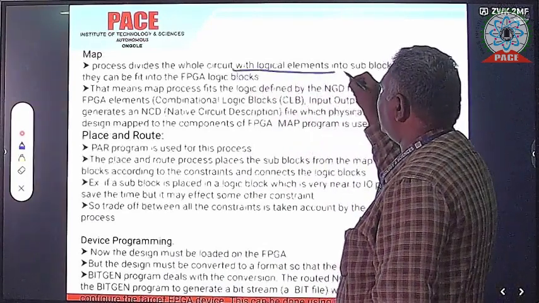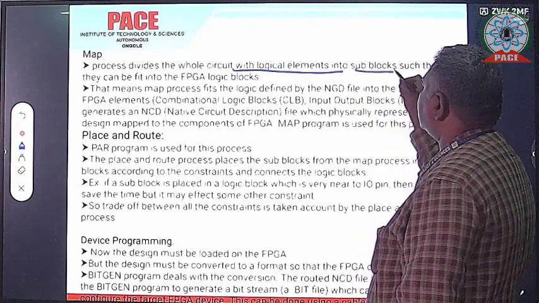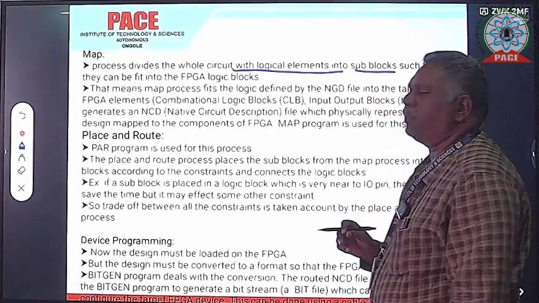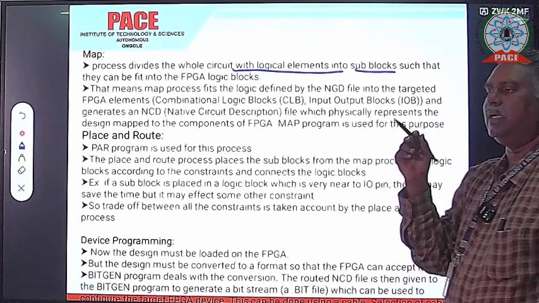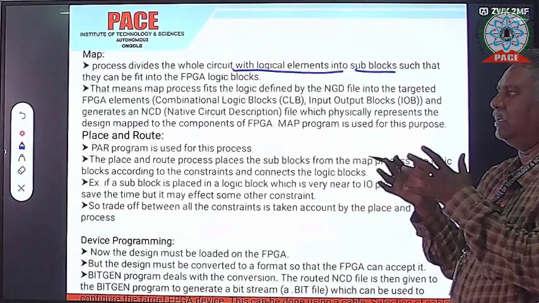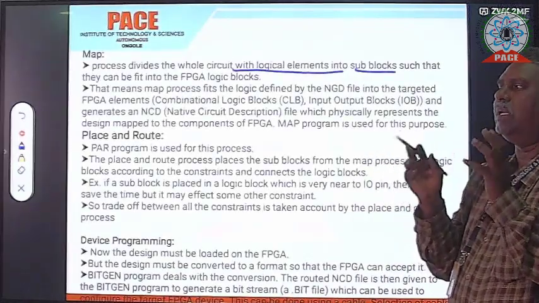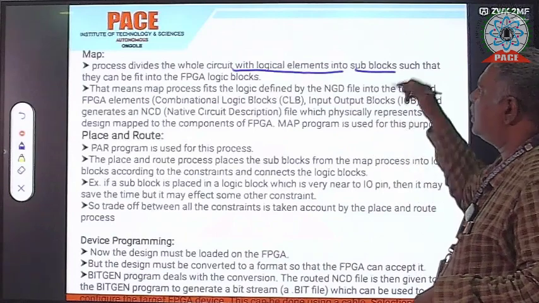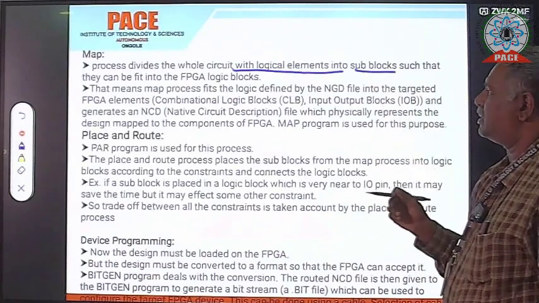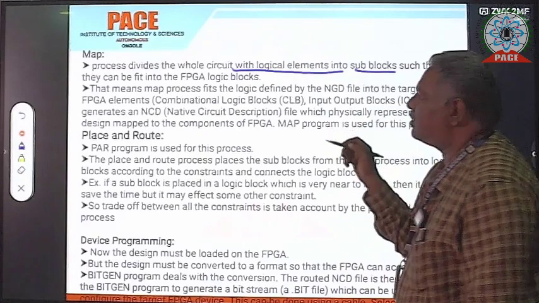In the mapping process, the designed and native generated netlist will be converted into subblocks. In these subblocks we have different parts, called FPGA elements.